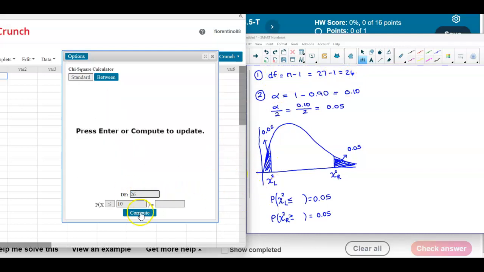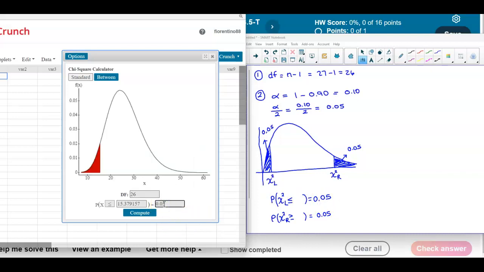Again, to find the critical value on the left, we want to make sure it's pointing to the left, and then we put in the area of 0.05. Rounding that to 3 decimal places gives us 15.379.